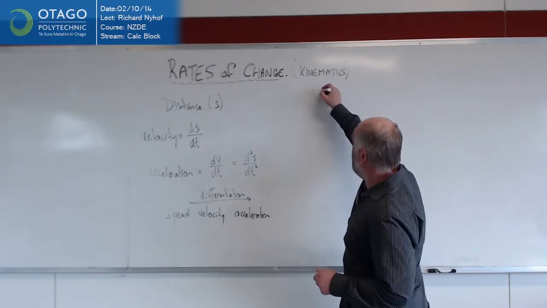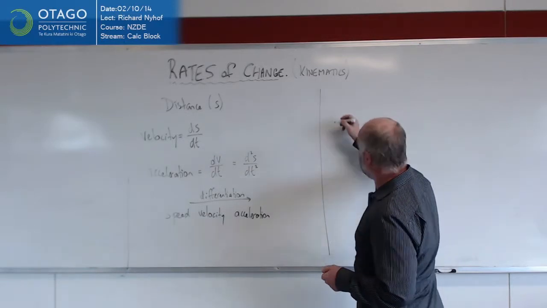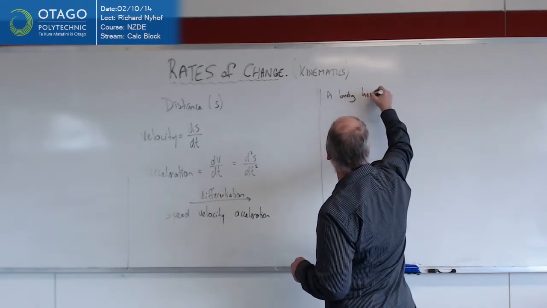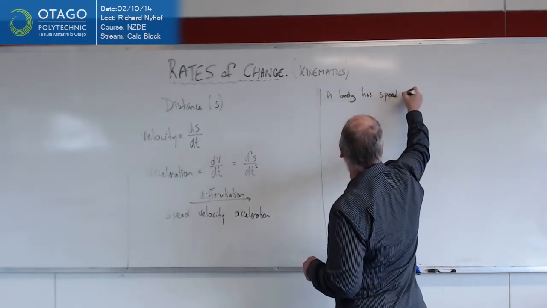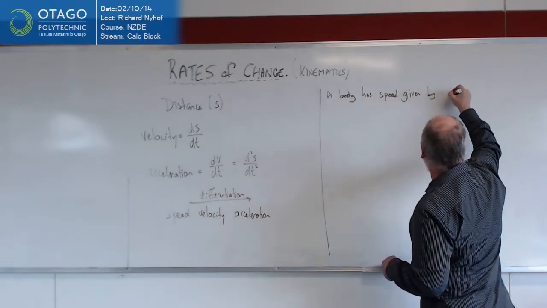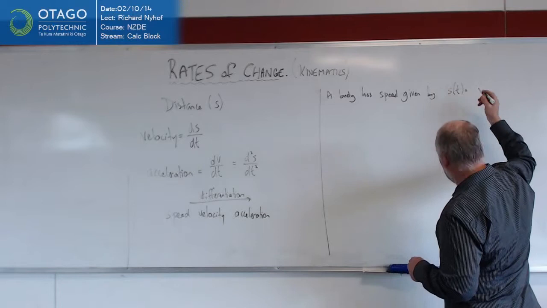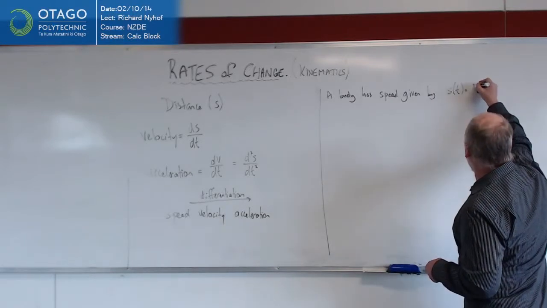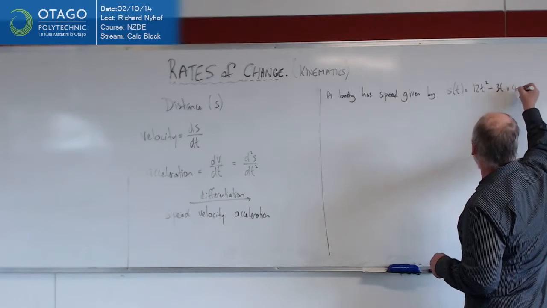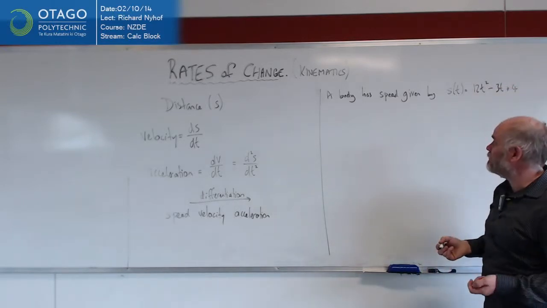So we can then say things like, a body has speed given by S at a particular time is 12t squared minus 3t plus 4. Something like that. That'll be a fair question.